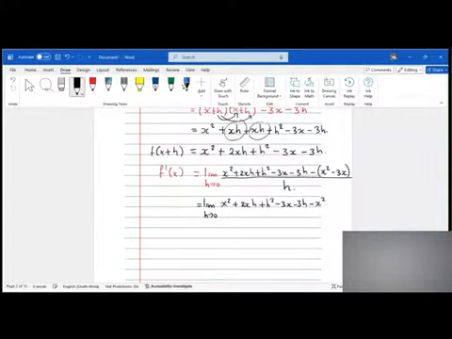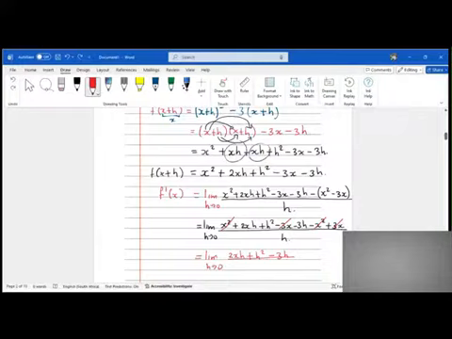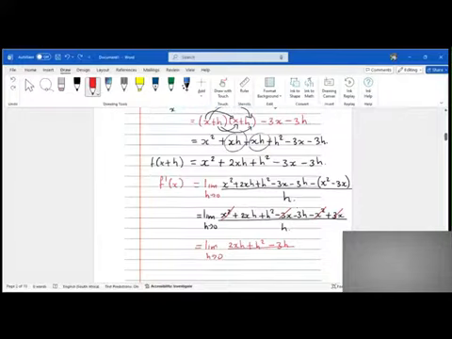So I can work out what is going to remain. We are going to remain with the limit as h tends to 0 of 2xh plus h squared minus 3h, all over h.